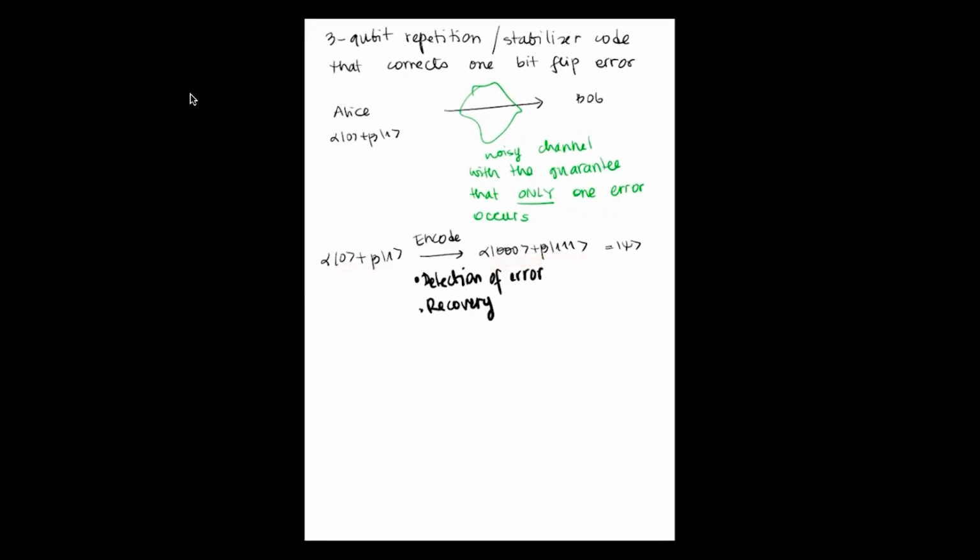I want to ask at this point, can anyone tell me how they would do it? Just whatever comes to your mind. What are the unitary operations that you would apply to alpha 0 plus beta 1 and 0, 0 to make it into alpha 0, 0, 0 plus beta 1, 1, 1?